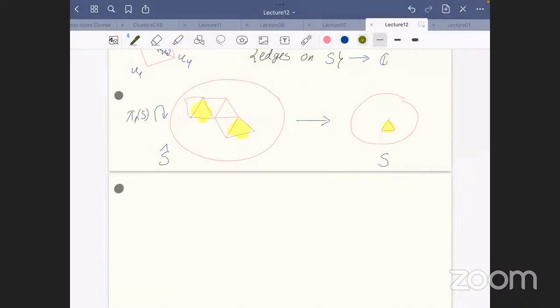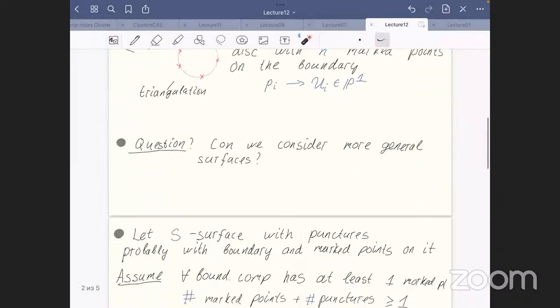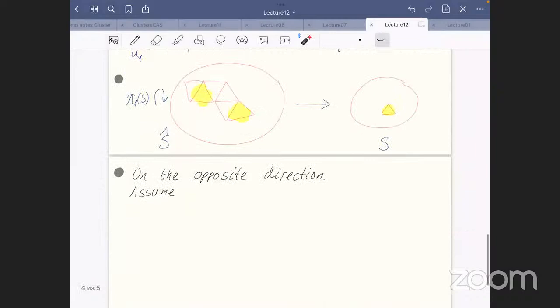Let me explain it again in the opposite direction. Assume that we indeed have weights assigned to each edge, similar as we had in the case with triangulation, similar to n equal 1, for the case with marked points.